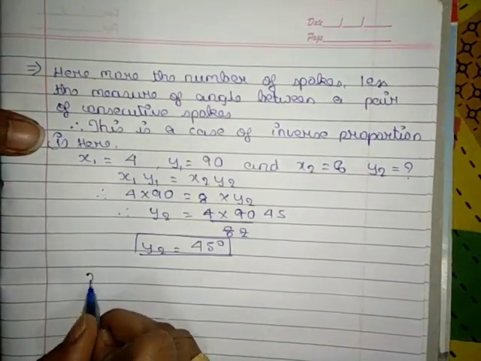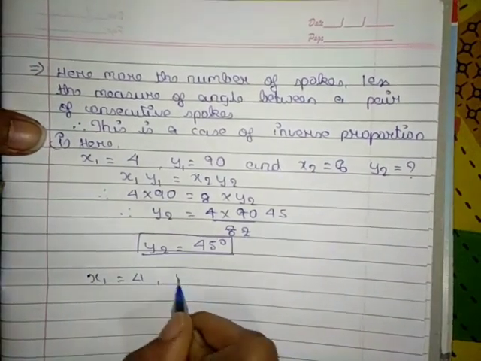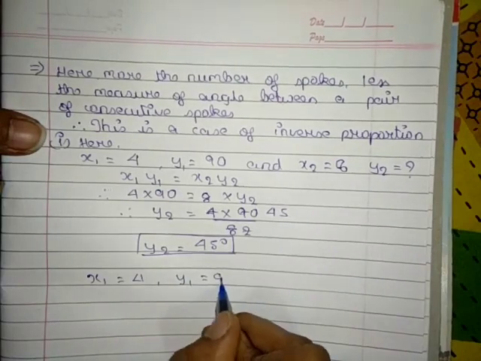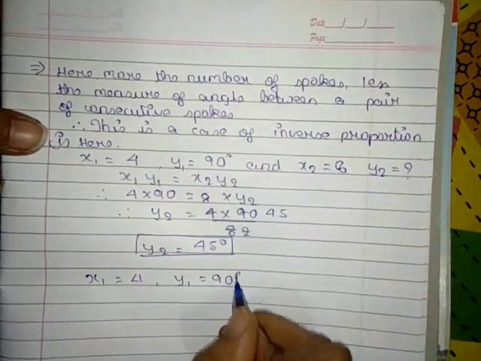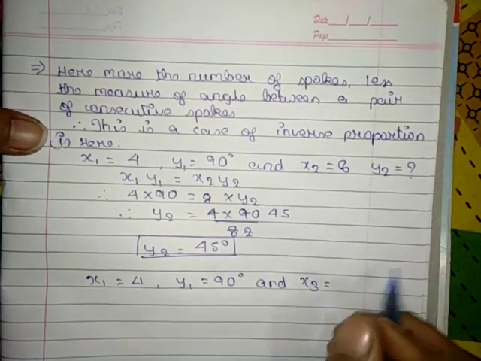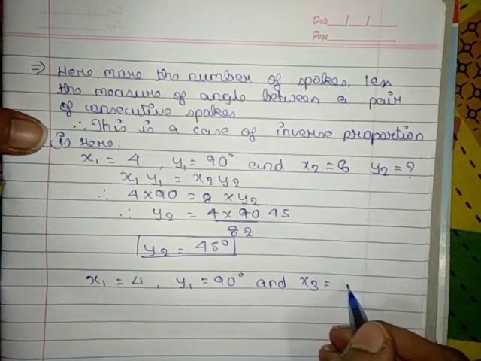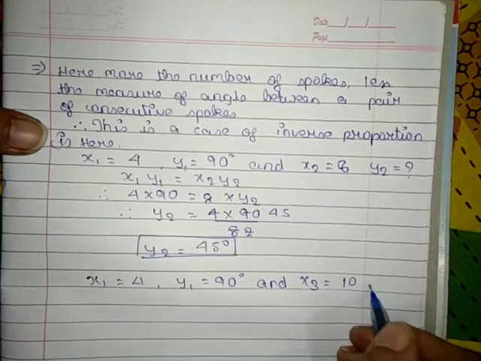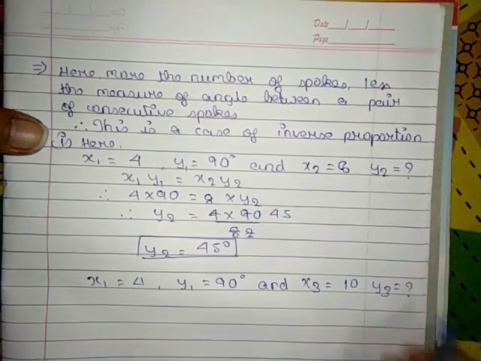Next, x1 is 4, y1 is 90 degrees, and we take x3 equal to 10, and y3 we have to find out.